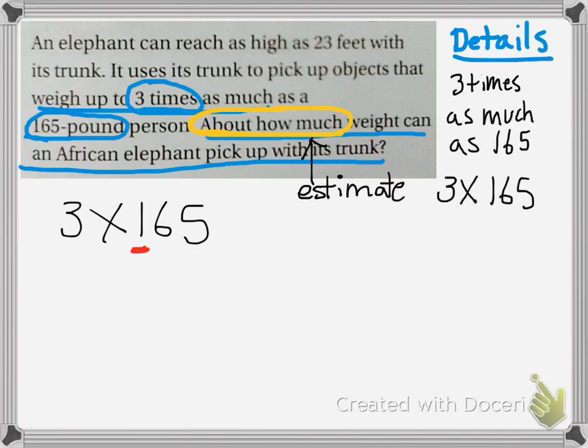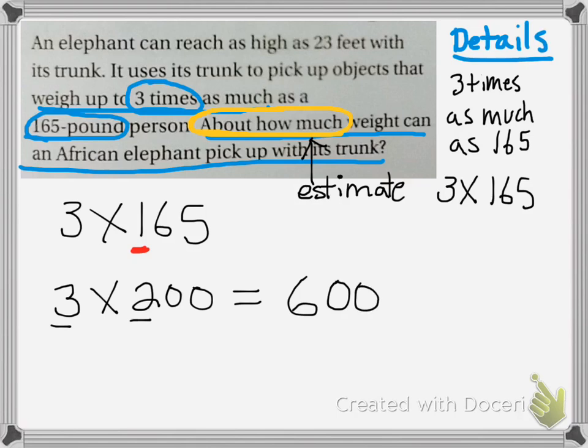So I am going to change that number by rounding to the nearest hundreds. 3 times 200 equals 3 times 2 is 6, and there are 2 zeros. 3 times 2 groups of hundreds is 600. Okay, so that's my answer when I am creating an estimate.